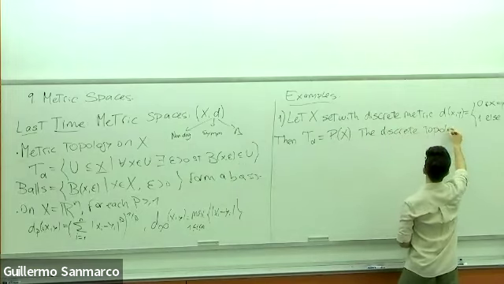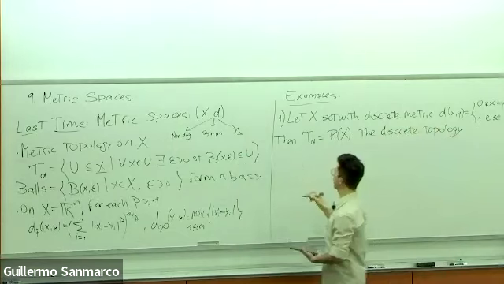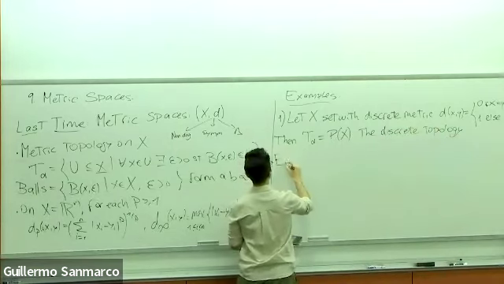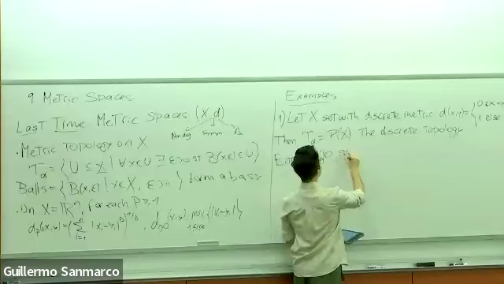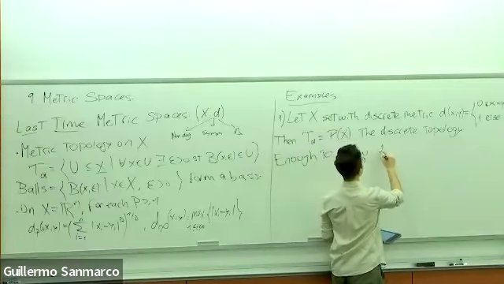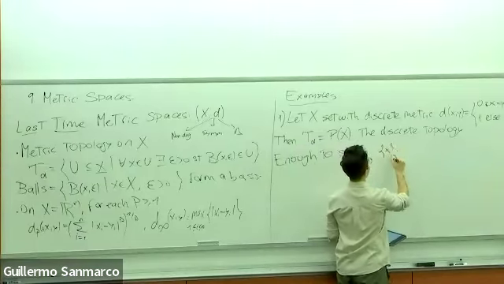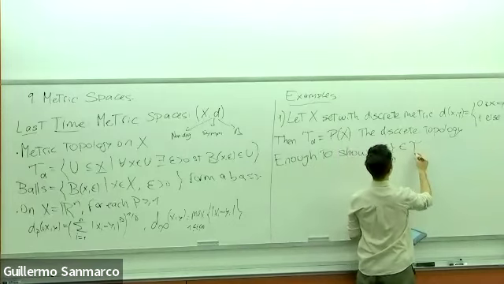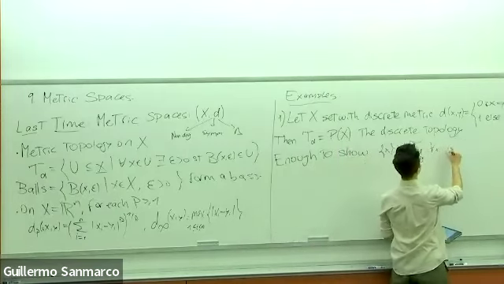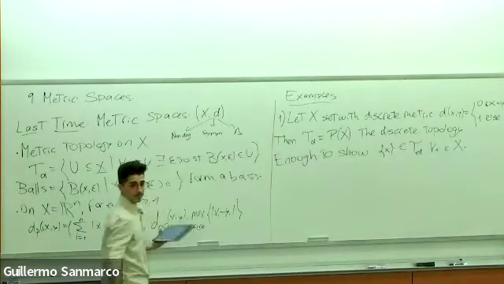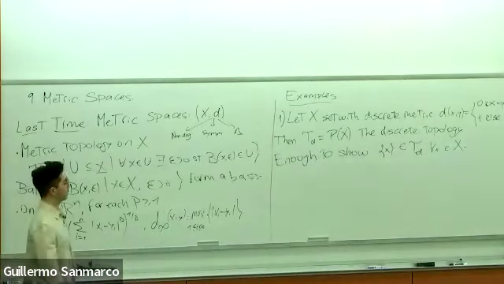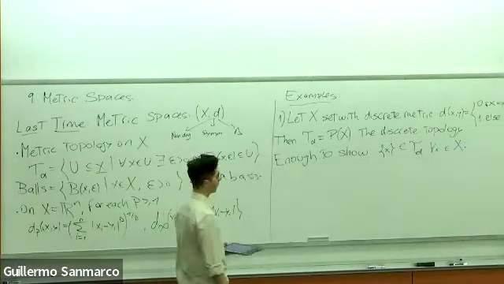And how do we prove such a thing? So it's enough to show singletons are open. Singletons look like the set with one element, {x}, is open in T_d for every x. And if you show that, then your topology needs to be the entire power set.